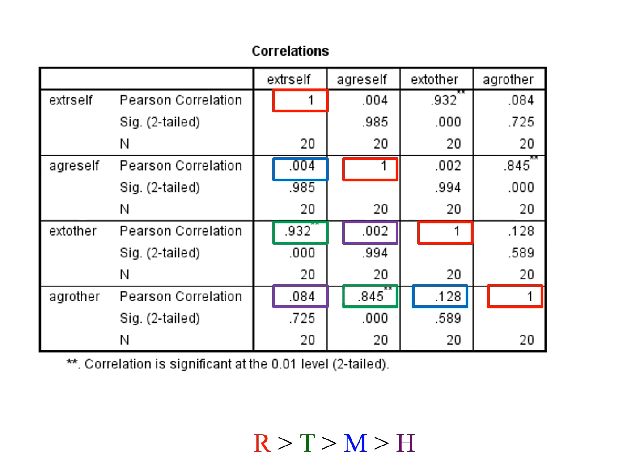So in this example, I've got extroversion and agreeableness, self-report versus other report. If we look at extroversion self versus extroversion other, we see an R of 0.932. If we look at agreeableness other and agreeableness self, we see an R of 0.845. Those are the 2 green boxes.